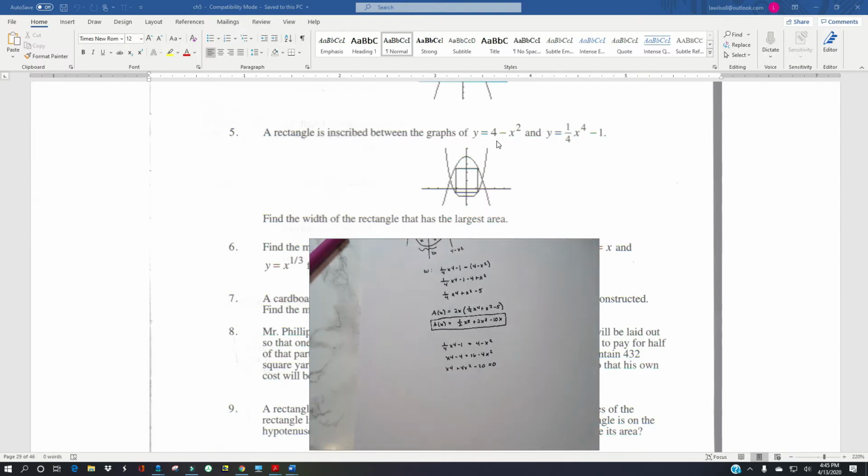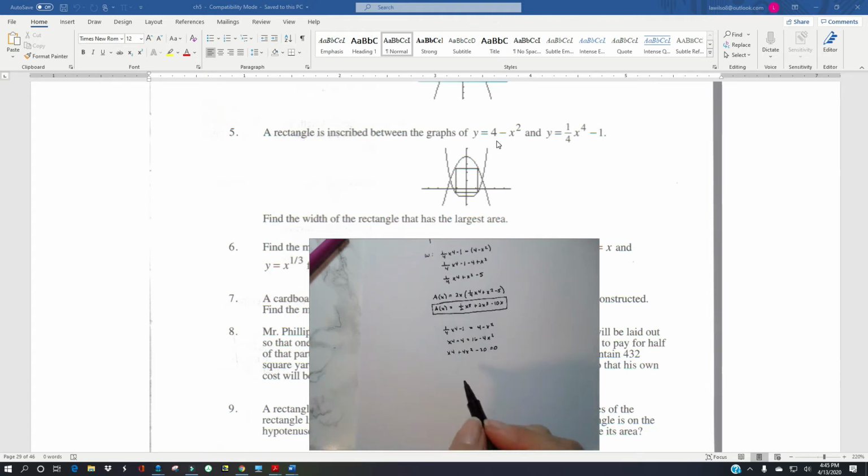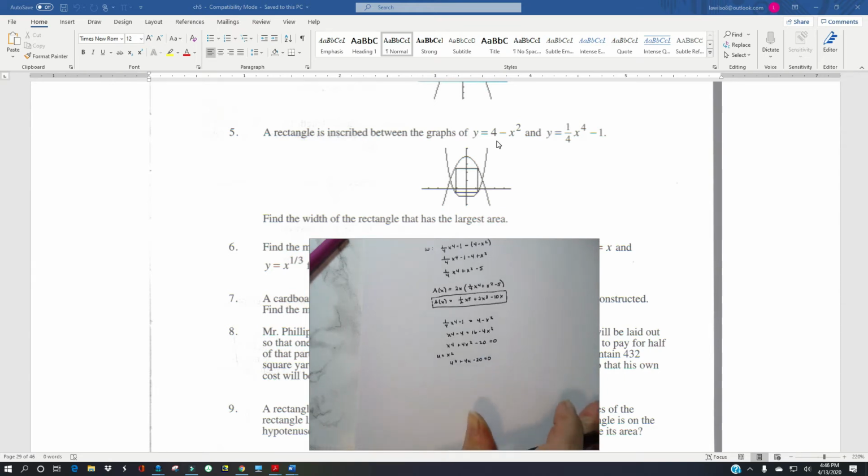And wah, wah, wah, it's not factorable. So we have to use the quadratic formula. Alright, so this is what I'm going to do. I'm going to let u equal x squared. So I've got u squared plus 4u minus 20 equals 0. Now that's going to be my ABC.